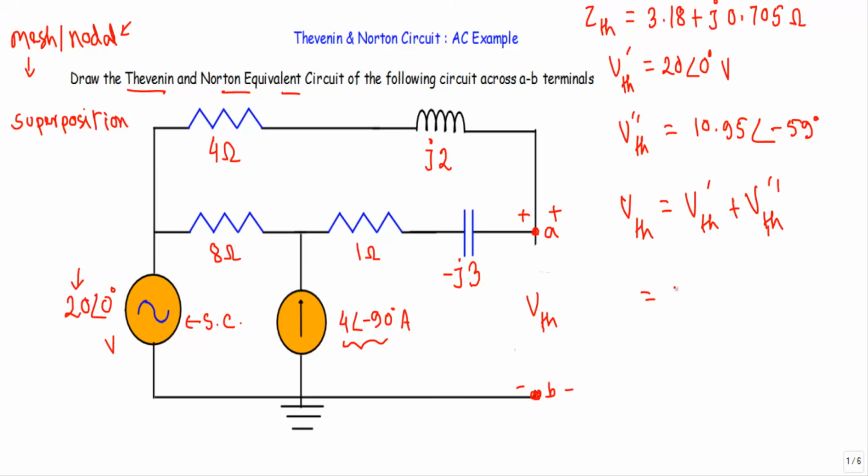VTH prime is 20 with phase angle 0 degree, plus 10.95 with phase angle minus 59 degree. This will be equal to 27.3 with phase angle minus 20.1 degree.